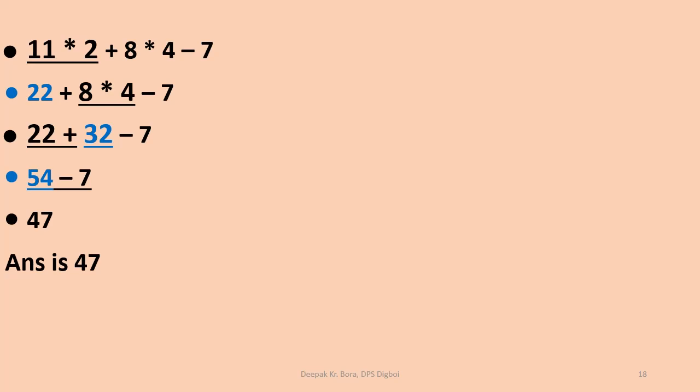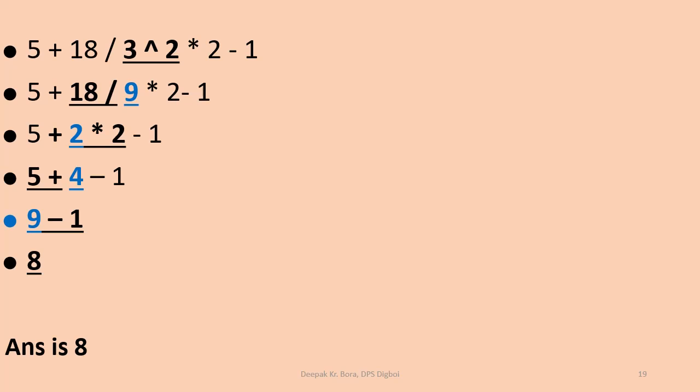So I'm getting 22 plus 8 into 4 minus 7. Again multiplication is there, so it is of higher hierarchy, so I will do that first. 8 into 4 I will get 32. Then the expression we are getting is 22 plus 32 minus 7. Here plus has the more hierarchy, so I am getting the answer 54. 54 minus 7, that is 47.